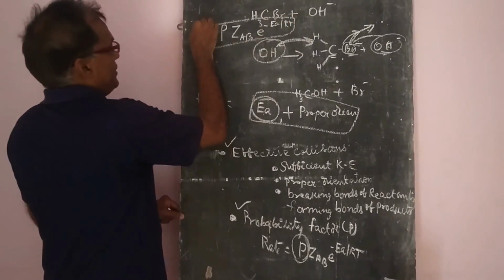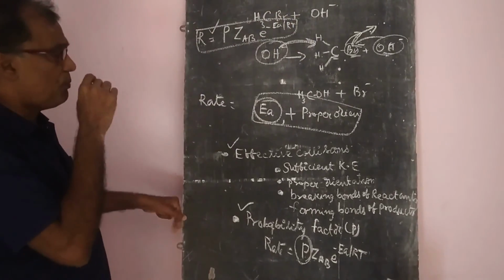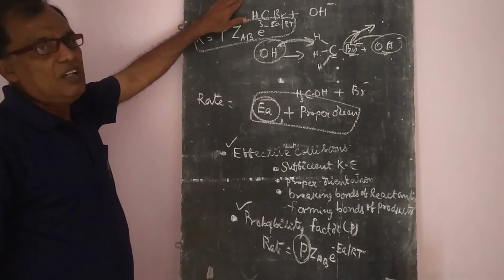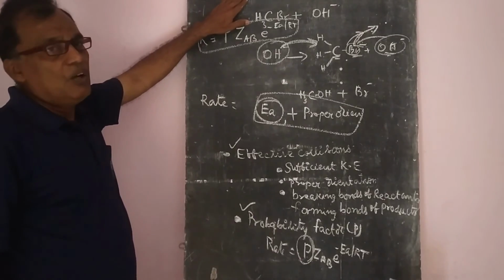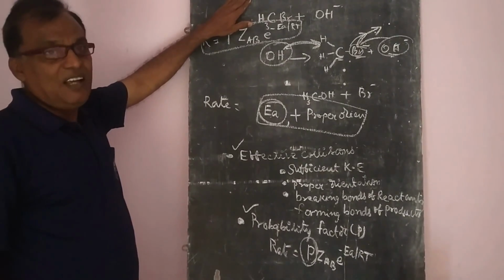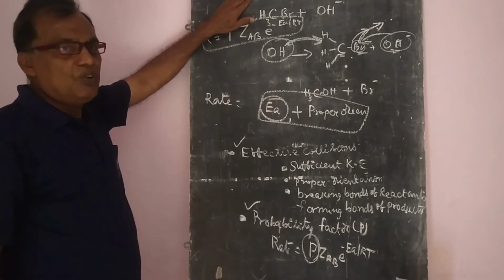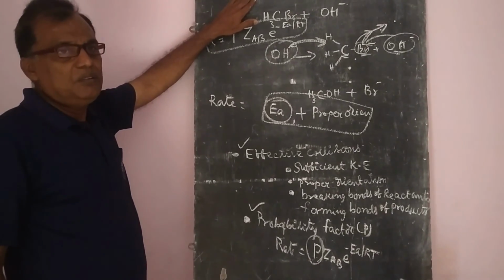All these three factors affect the rate, and since this theory explains the collisions of the molecules, it is called the collision theory. This is the lesson. Whatever points we discussed, note them down and do the numericals.